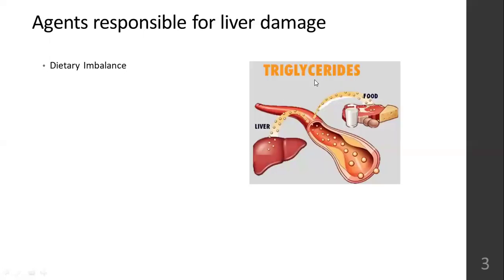Too much of triglyceride in the food will also affect the liver health. And too much of triglyceride you will get from red meat, non-vegetarian food, processed food, baked food, deep fried food, stir fried food, fishes that are stir fried as compared to the fishes that are made in a curry form.